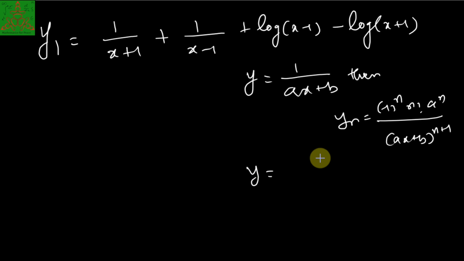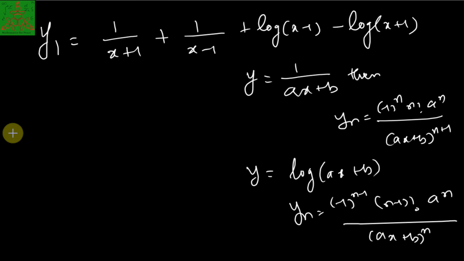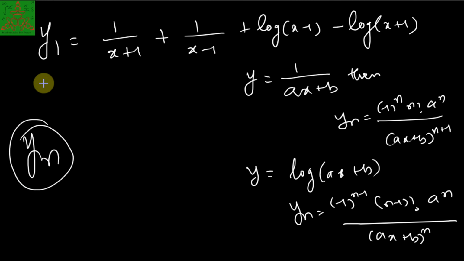If y is equal to log ax plus b, then the nth derivative is minus 1 raised to n minus 1, factorial, a power n upon ax plus b power n. Now I hope you are able to find the nth derivative of this by using these two formulas. That's it for this video.